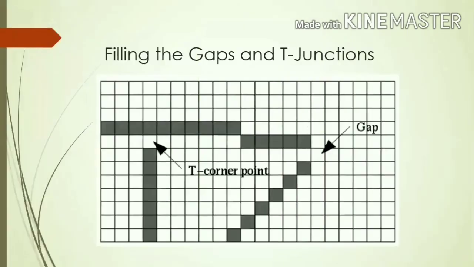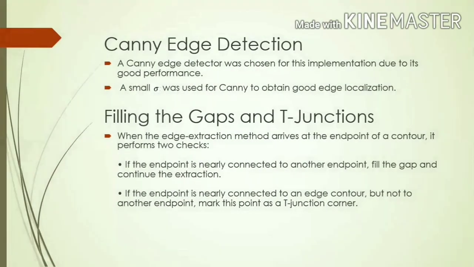Next, we start filling the gaps and T-junctions. The Canny detector can cause gaps at T-junctions, and the corners might not be found with the CSS method. Canny edges can also cause gaps in otherwise continuous edges. When the edge extraction method arrives at the endpoint of a contour, it performs two checks. First, if the endpoint is nearly connected to another endpoint, fill the gap and continue the extraction.